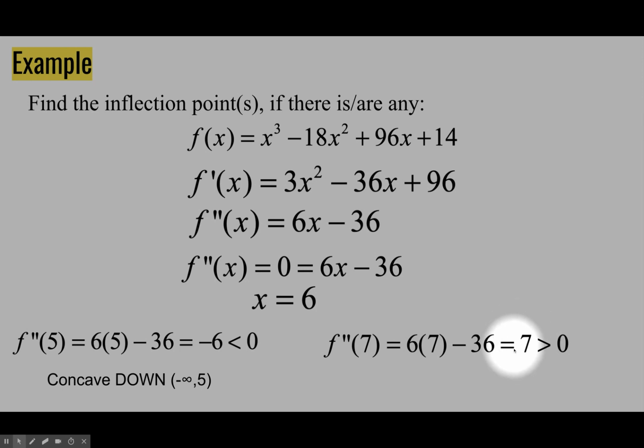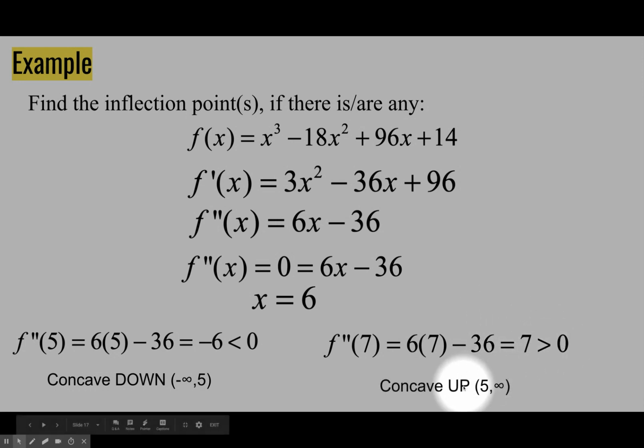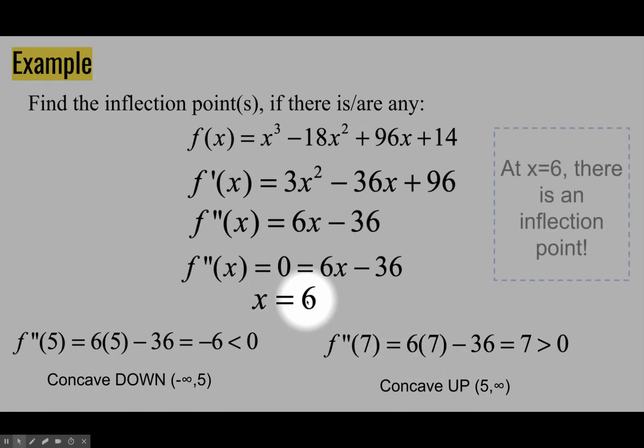But it doesn't matter because the value of the second derivative there is positive. So if the second derivative at 7 is positive, then the graph is concave up there. And so now we see that because the concavity is changing from down to up, x equals 6 is indeed an inflection point. And that's our conclusion.